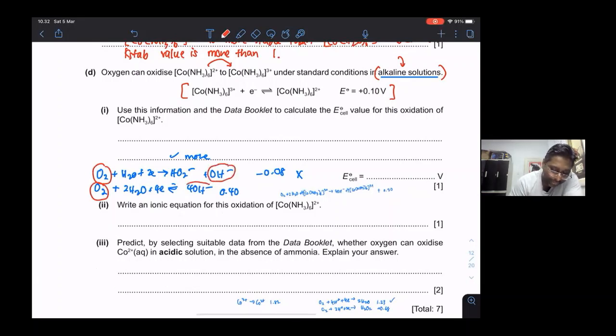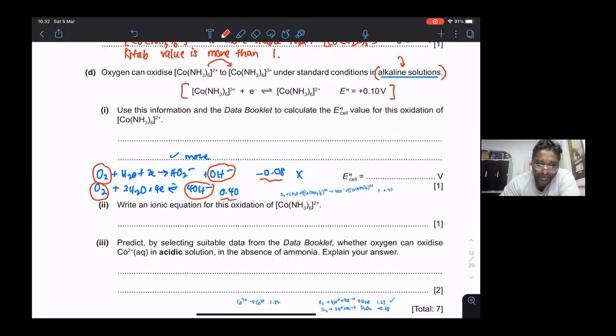These are the standard reduction potential values, negative 0.08 and positive 0.40. So we are going to compare whether, they say, oxygen can oxidize. If it can oxidize, it means that O2 gets reduced.